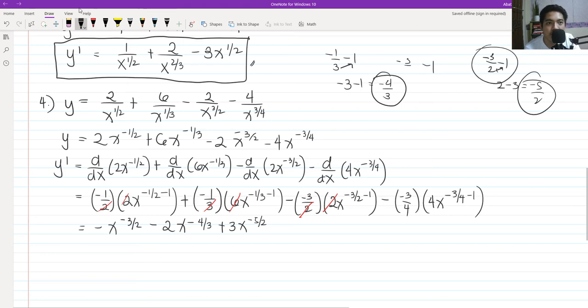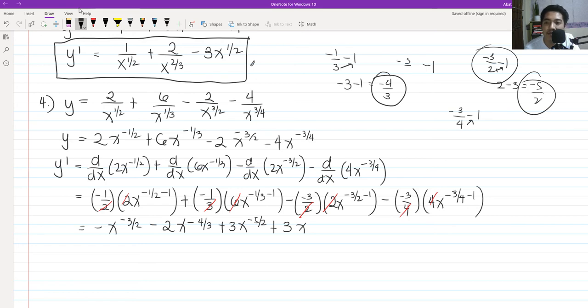Okay, so and of course this last term, so we have the 4's will cancel. Negative 3/4 times 4, the 4's will cancel. And of course, we have minus here because of this. And we have a negative here because of this negative 3/4. So negative times negative would become plus 3x raised to, of course, negative 3/4 minus 1. 4 times 1, okay, would be 4.